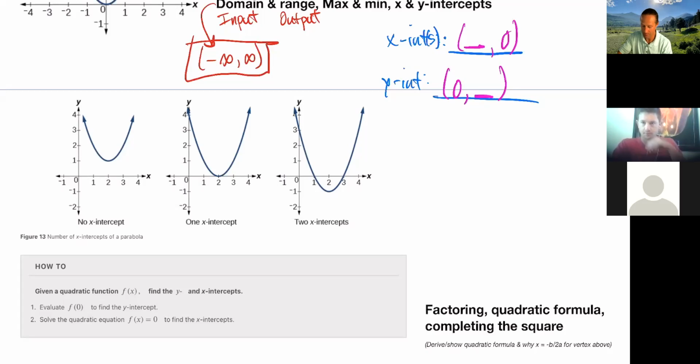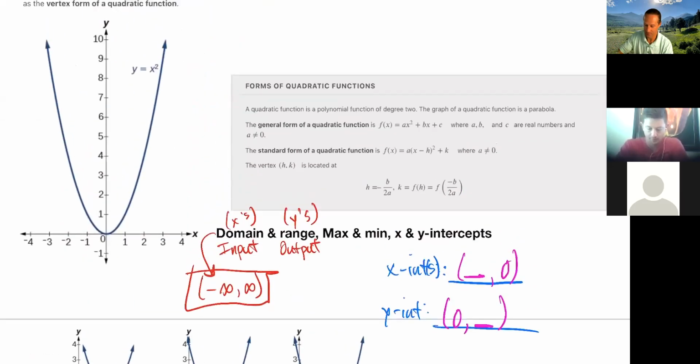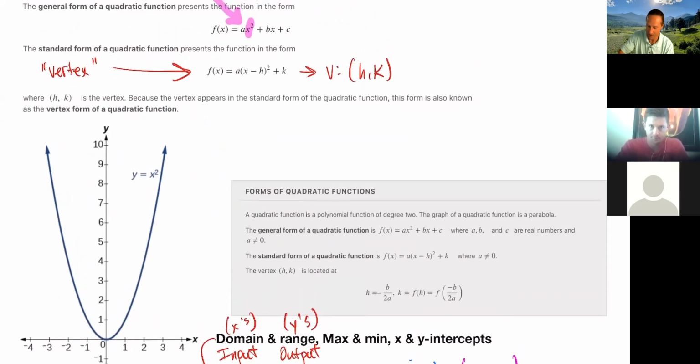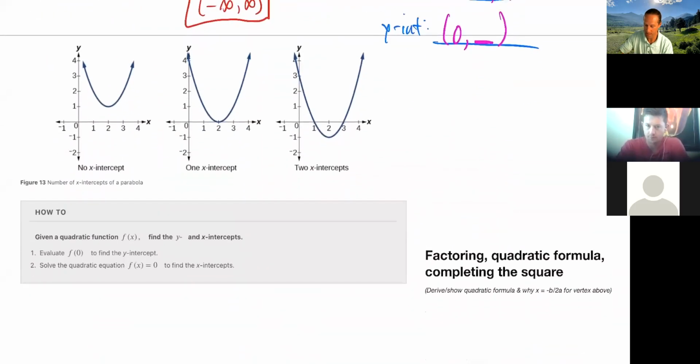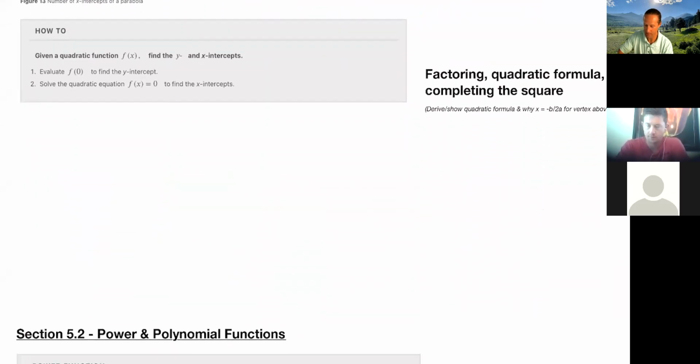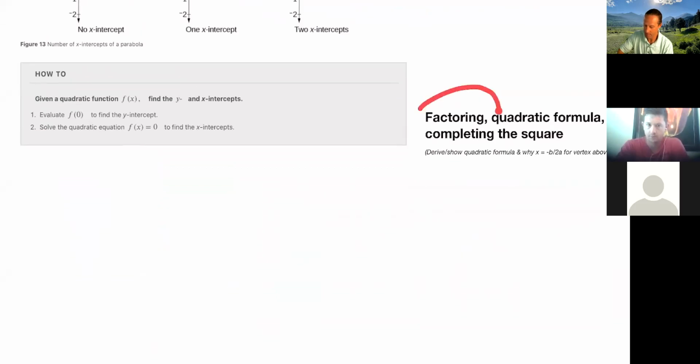Okay, but as we mentioned, the x is going to be a little bit more difficult, right? Because now we're going to set this whole thing equal to 0 or this whole thing equal to 0. And that's going to be a little bit more difficult to solve for x. So how do we do that when we have these quadratics?